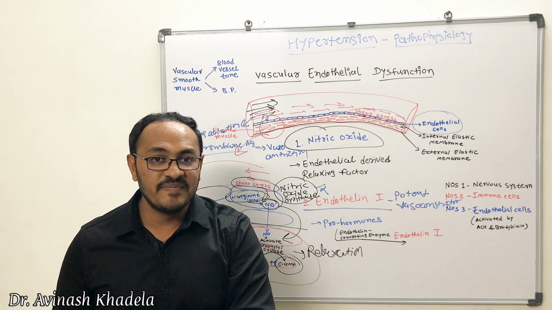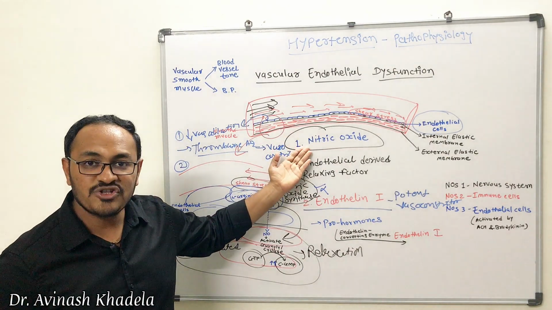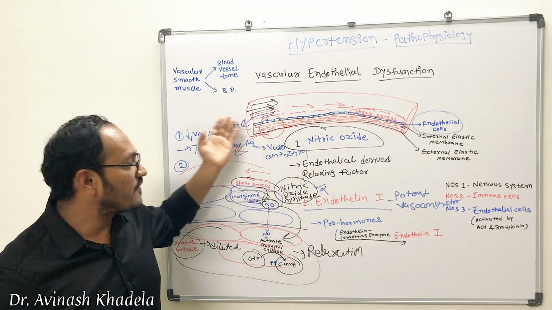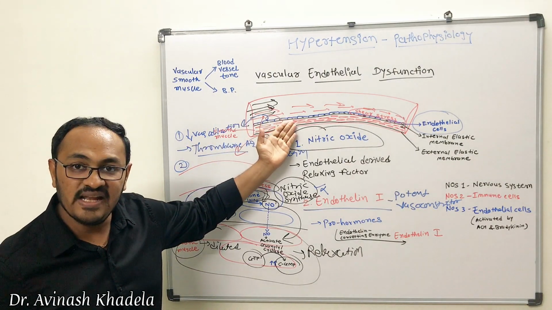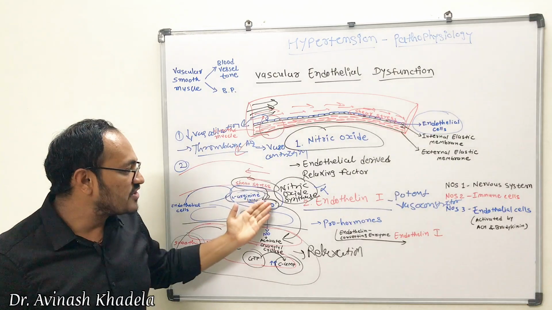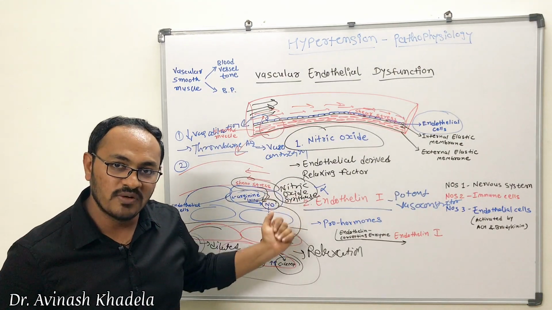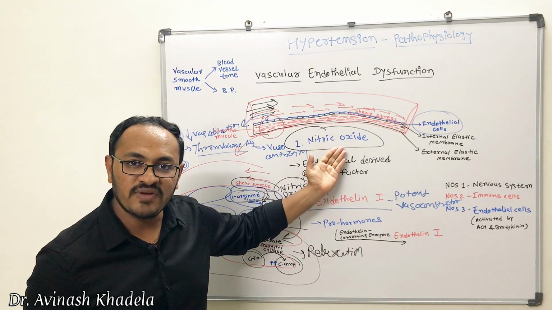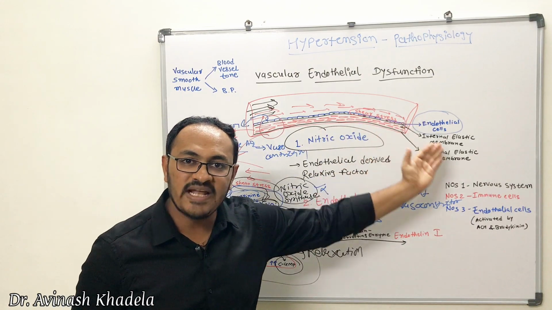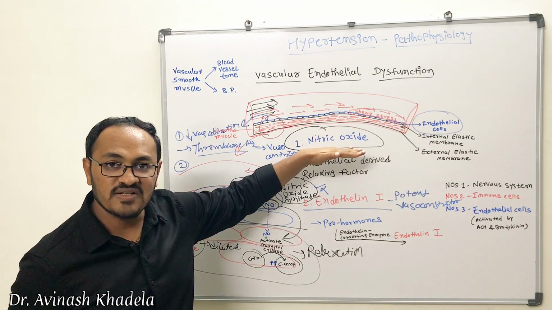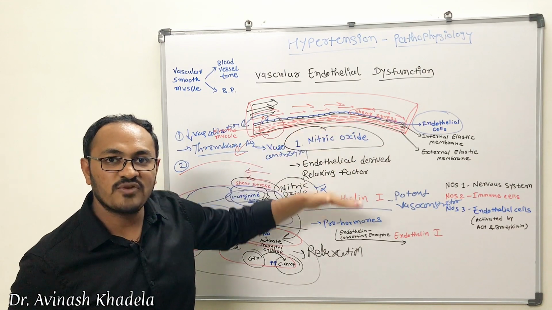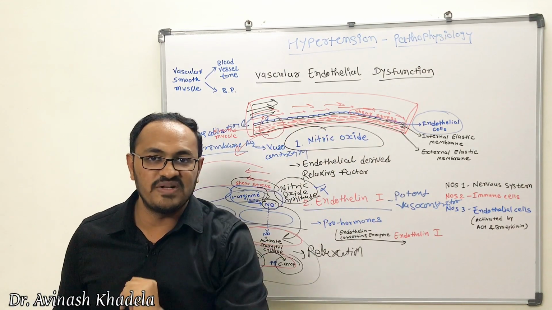But as I said, when there is damage in the endothelial cell or a deficiency of nitric oxide synthase in the human body, there will be no synthesis of nitric oxide. So the potent vasodilatory action will be lost. In that condition, there is a disturbance between vasoconstriction and vasodilation and the blood pressure will rise.